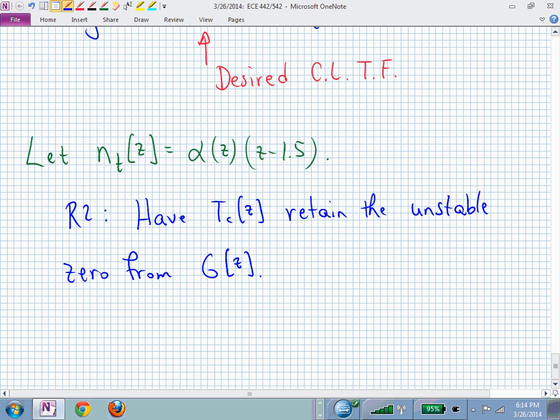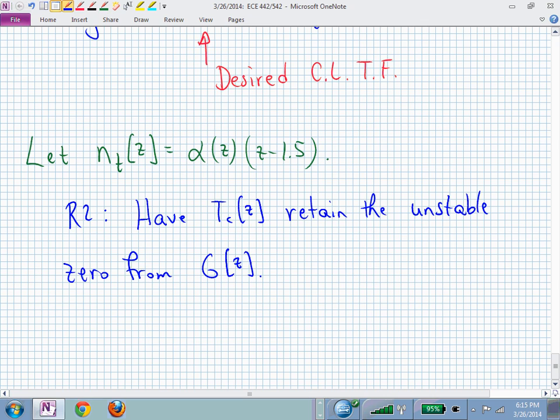Now, maybe somebody needs to tell us what they might like. The plant has an unstable pole. Where was I? I got all tripped up there for a minute. We're trying to build t sub c of z, aren't we?